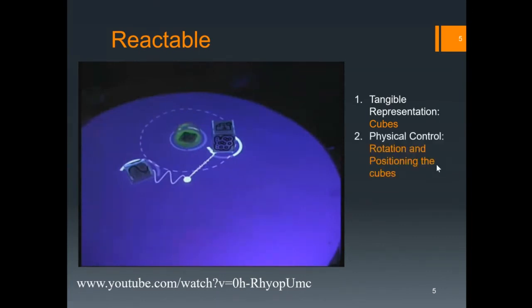So what's a physical control? You can see here people are moving their hands around objects. They move around different objects, rotating. That's the important part. Basically, you rotate, you're adjusting the volume, different things depending on the property. And what is an intangible one? It's the sound pitch that happens. It's intangible.